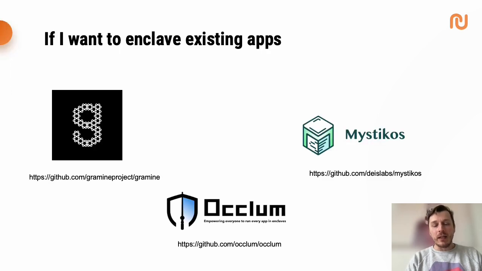And here, my recommendation would be to rather focus on existing libOS approaches. There are also a bunch of open source projects, for example the Gramine project, Occlum or Mystikos, who develop libOS.